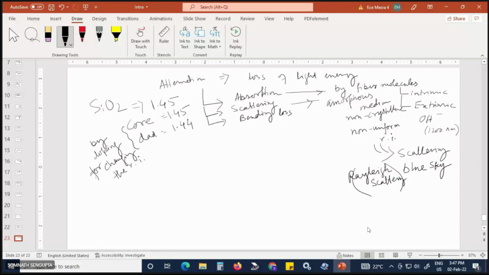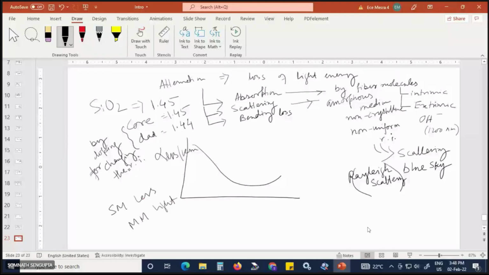So in that case, you study the loss curve when you study the attenuation characteristics, alpha in dB per kilometer. You see that for single mode fiber it is less, and for multi-mode fiber it is high.